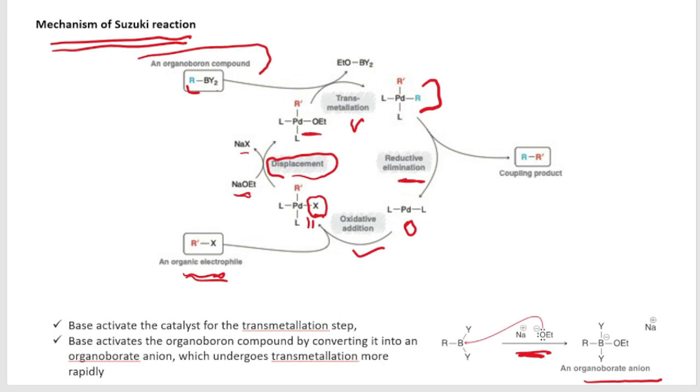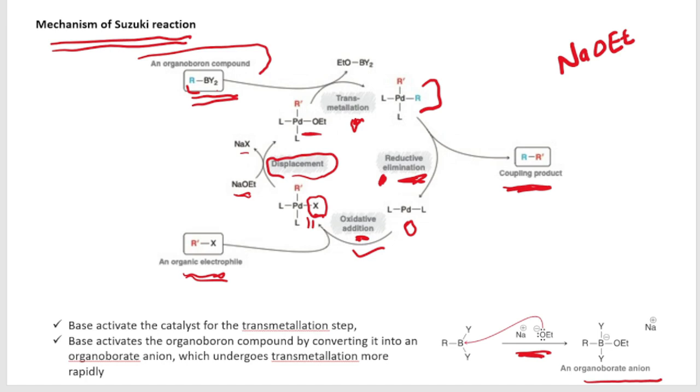And finally, reductive elimination and you will get your coupling product. So these three steps are the same: first, oxidative addition, transmetallation, reductive elimination. The one new step coming is displacement and activation of the organoboron compound by use of sodium ethoxide base. So this is the role of base.